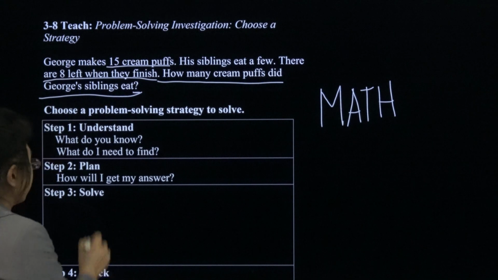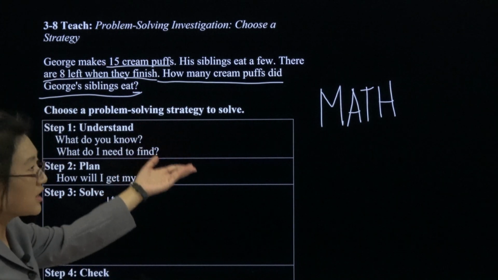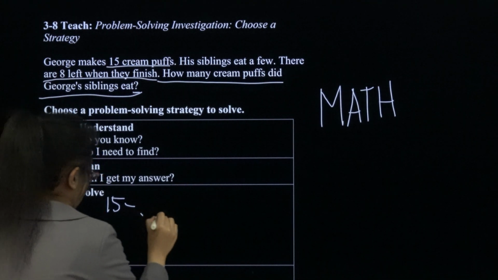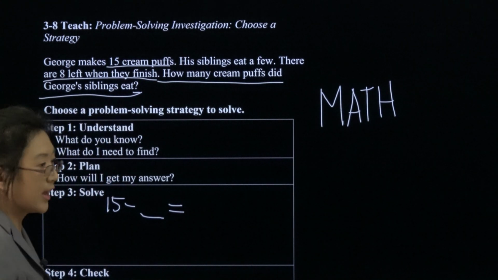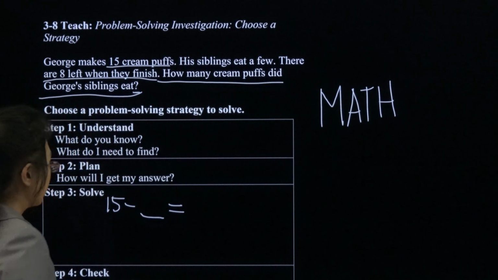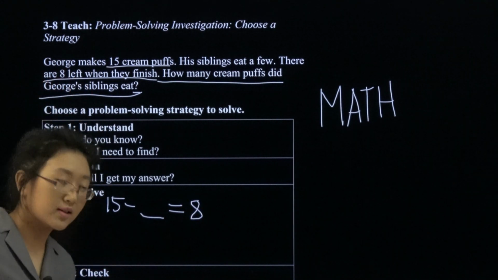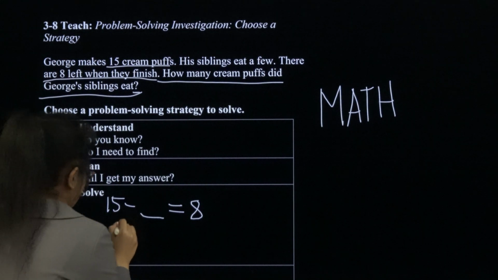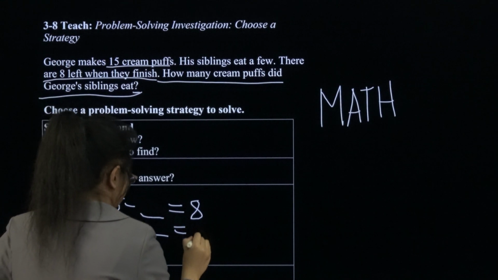So since we have 15 minus, because his siblings eat them, okay? So they're taking it away. Something, which is the number of cream puffs they ate, which is what we're trying to find, equals 8, because there are 8 cream puffs left. That means that 8 plus something equals 15.